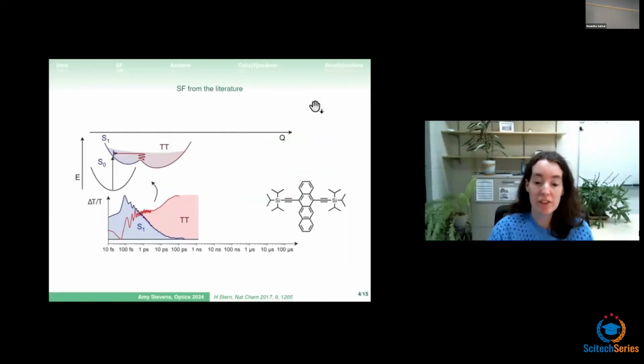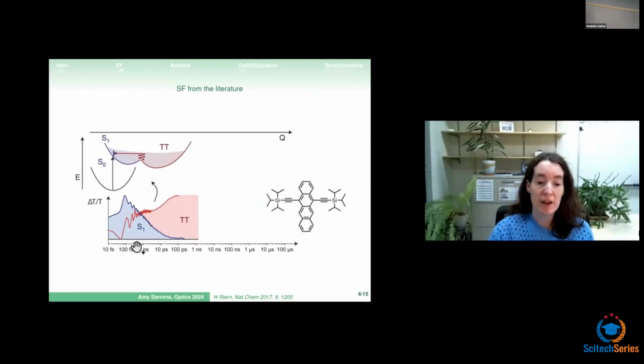If you look in the literature, this is a paper from 2017, you can see that going from your singlet state to your triplet state, there is a combined state where your triplets still have total spin 0. That process, going from singlet to this triplet-pair state, can be very fast.